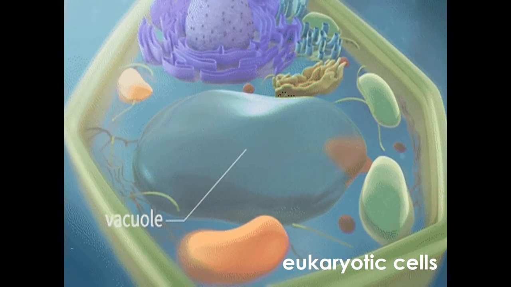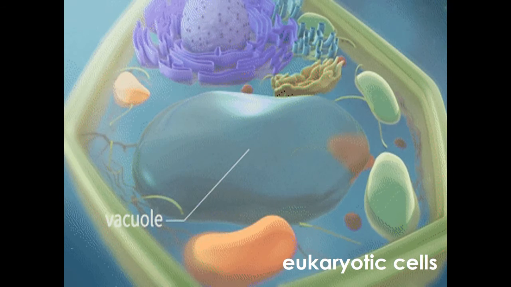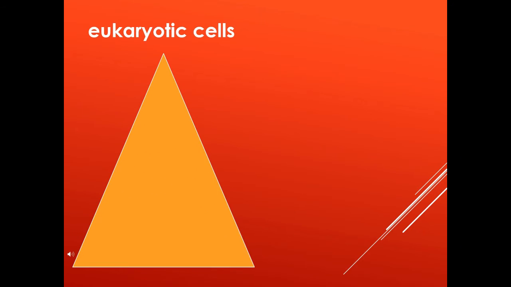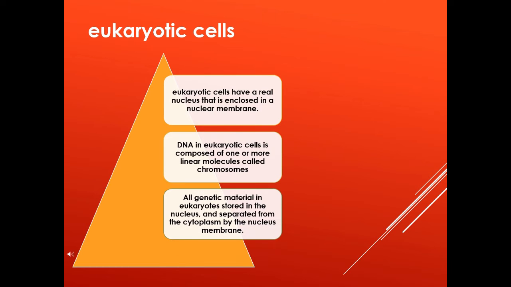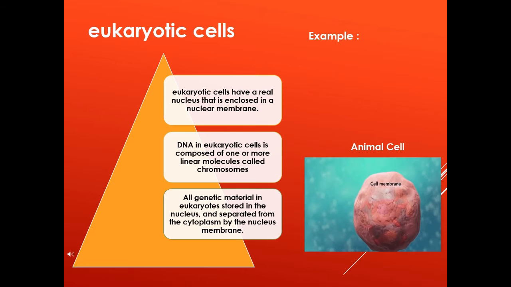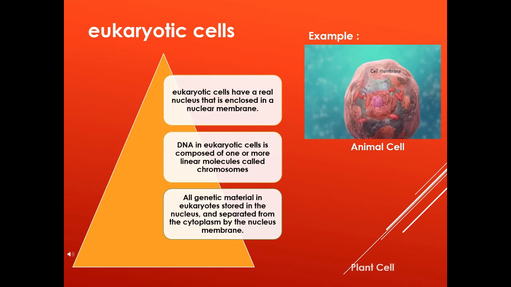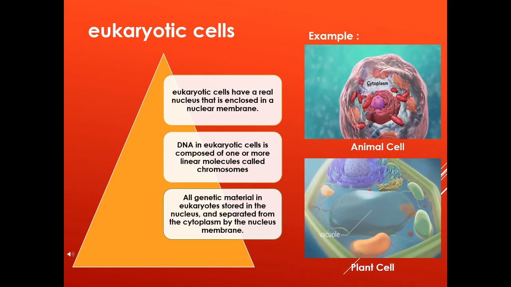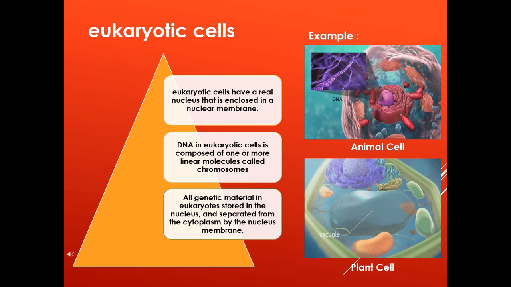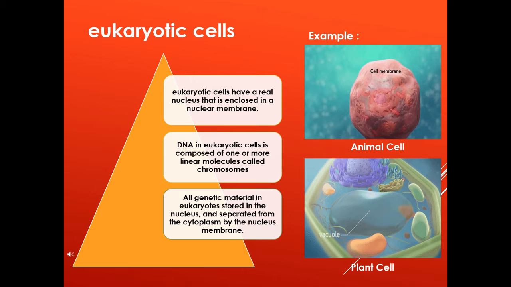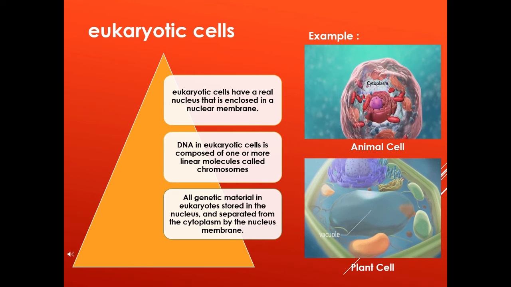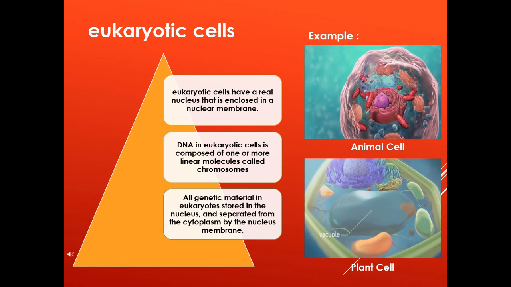And the next is eukaryotic cells. Diverse from the prokaryotic cells, eukaryotic cells have a real nucleus that is enclosed in a nuclear membrane.